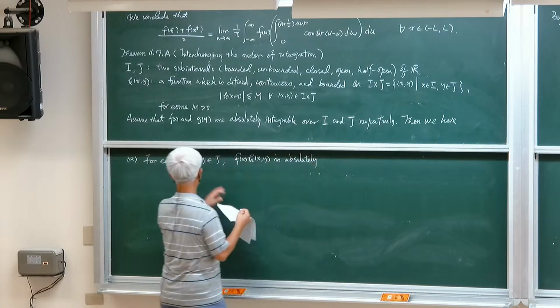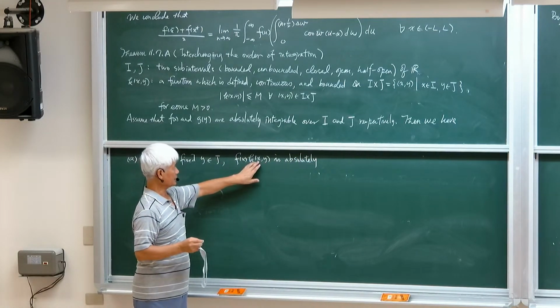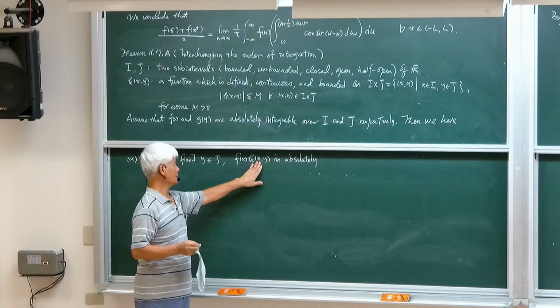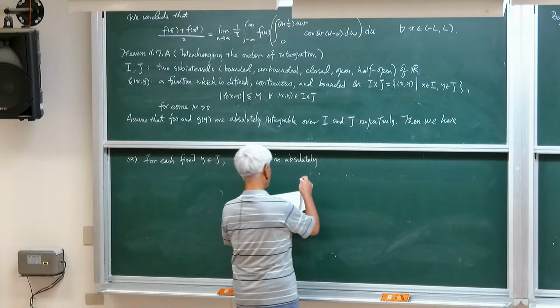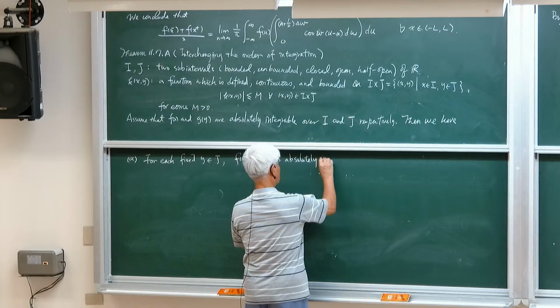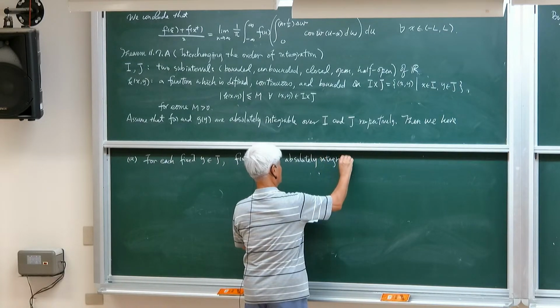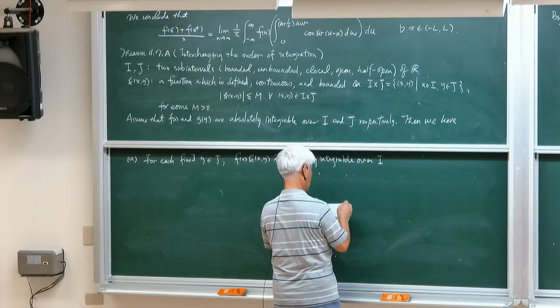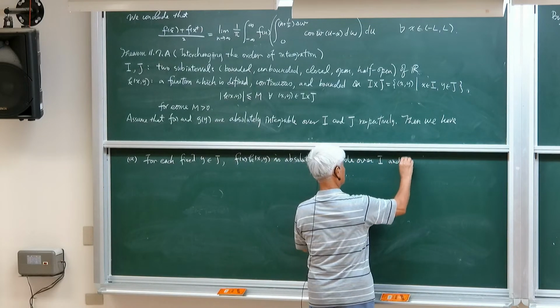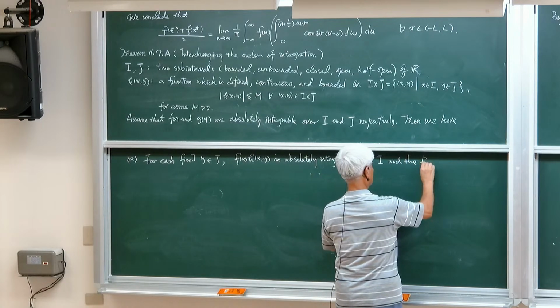So when we fix y, K of x,y becomes a function of x, and so the product becomes a function of x, and this function of x is absolutely integrable over I. So we can do integration.